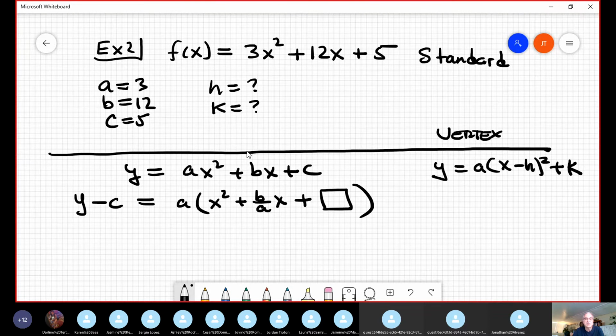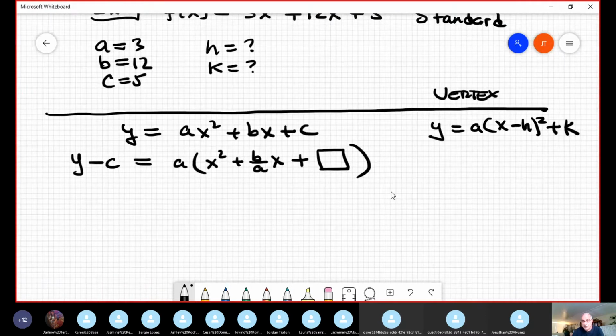Let me see if I did something wrong. You multiply this and this, it's a x squared. You multiply this and this, a cancels, and stays bx. I suppose inside the box is empty, zero. So the equation stays the same. Nothing changes because C goes to the left.